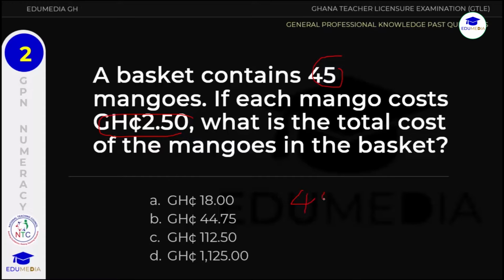So we have 45 mangoes times 2 cedis 50 pesewas. Remember, we are looking for the total cost of the mangoes in the basket. Therefore, we do this, and then the correct answer here is 112 cedis 50 pesewas. So this is the correct answer.